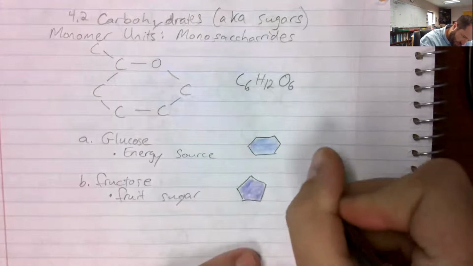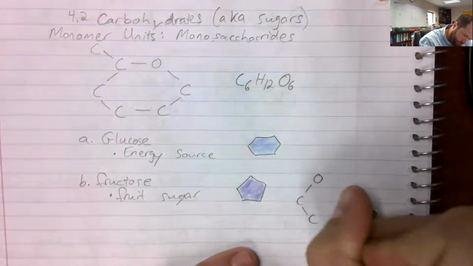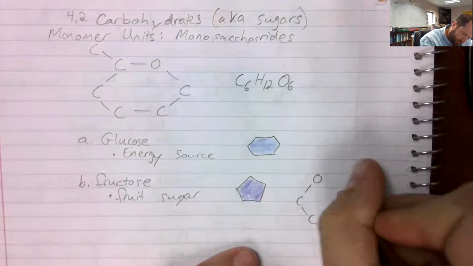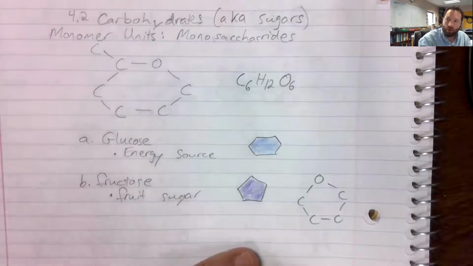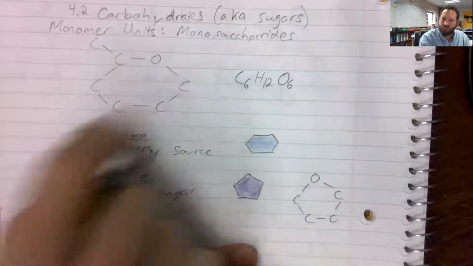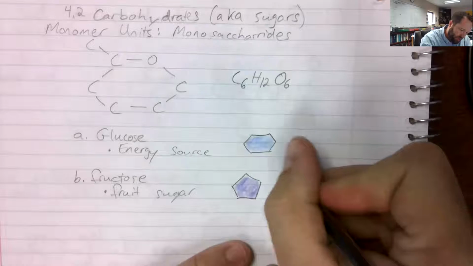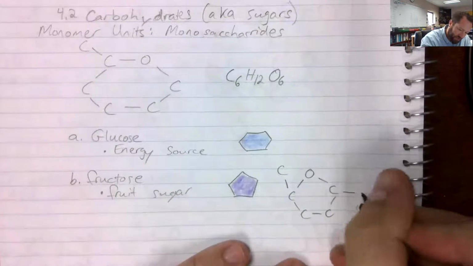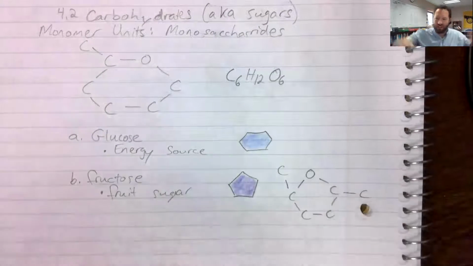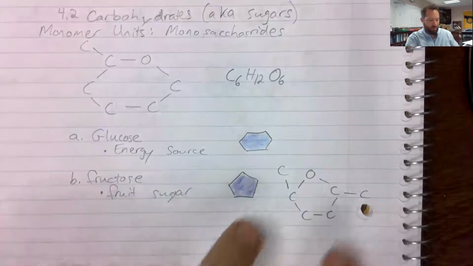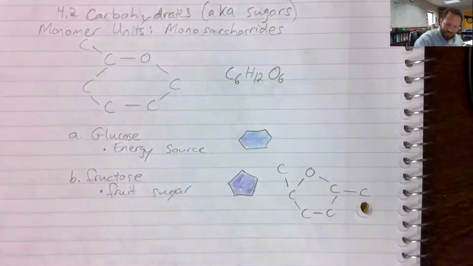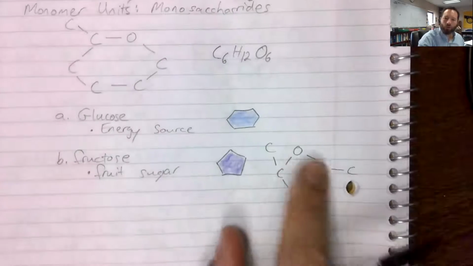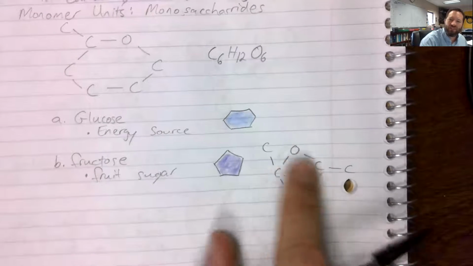It's got the O on top, and then a chain of 4 C's that go around it. And you might be saying, well, wait a minute, what about the 6 C's? Well, it's got the one flag here, just like these guys, and it's got a second flag over on this side. Like wavy arms here. That's fructose. Just a little oddball because it's only got 4 carbons, 5 total atoms in the ring there.